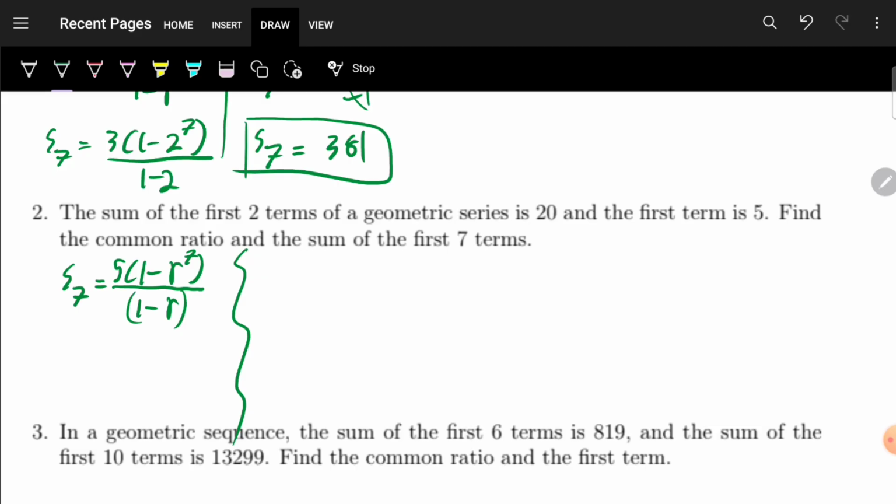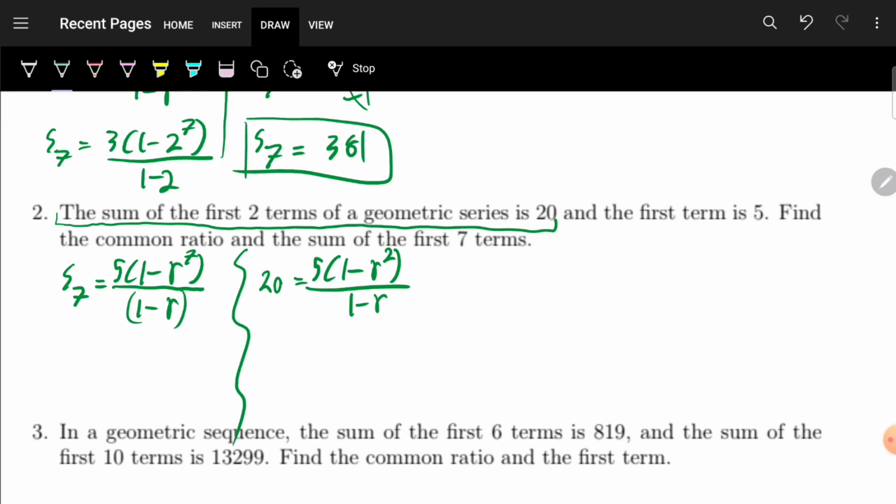To do that, we're going to write out 2 equations. First, we're going to write out an equation that corresponds to this first sentence. It says the sum of the first 2 terms in a geometric series is 20. So S2 is equal to the first term, 5, times 1 minus r to the 2, all over 1 minus r. And I know S2 is 20. So that's our first equation.